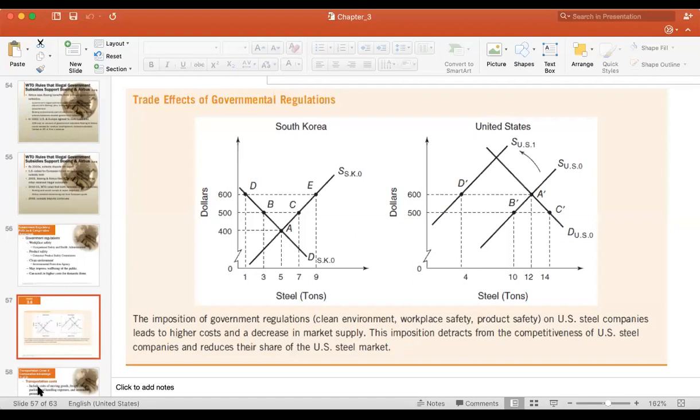Okay, now let's look at an example here. How government regulations may actually affect trade and may affect production and consumption.